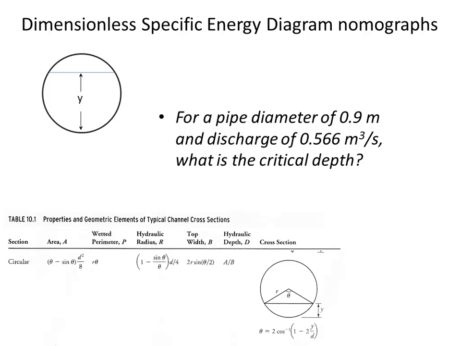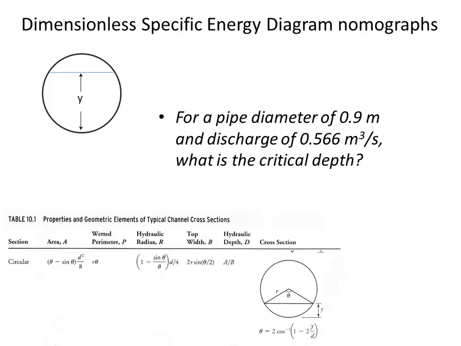And if we put that into a solving calculator, in radians mode, to find out what is the angle that makes all of that true, it is an angle of 3.09 radians, 177 degrees. And so it's almost half full. And once we find that angle, we can put that into the equation for flow depth y as a function of the angle. y is d over 2 times 1 minus cosine of theta divided by 2.